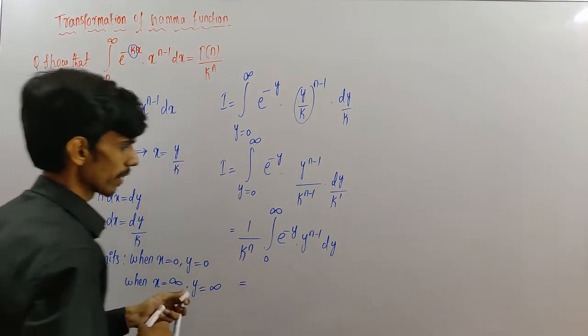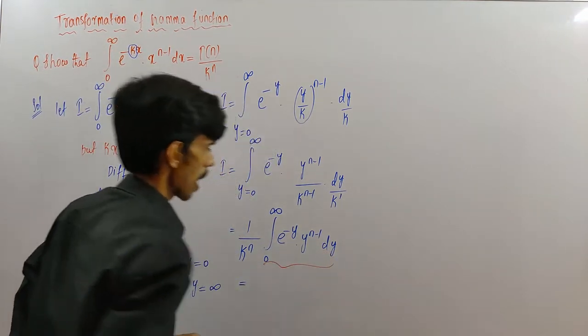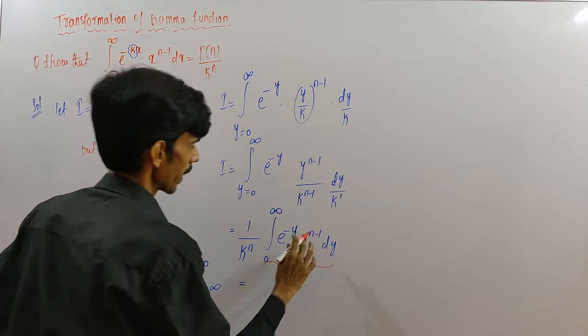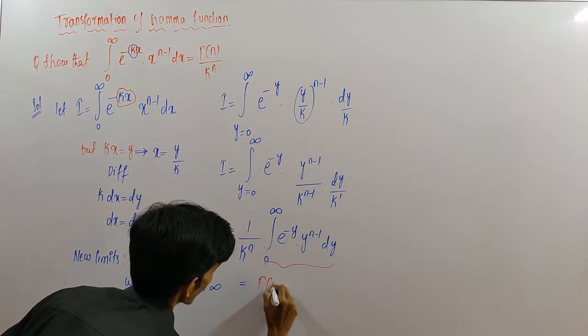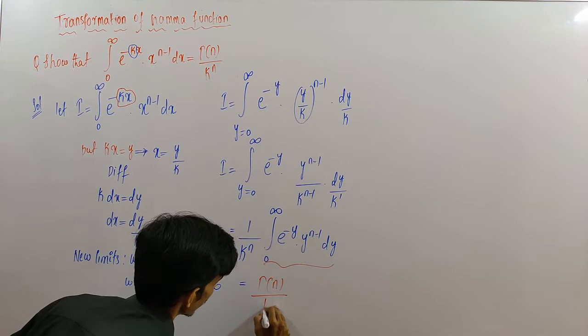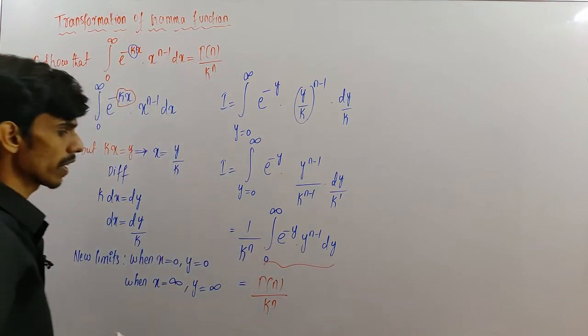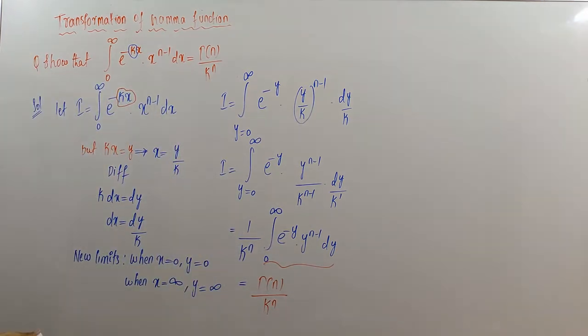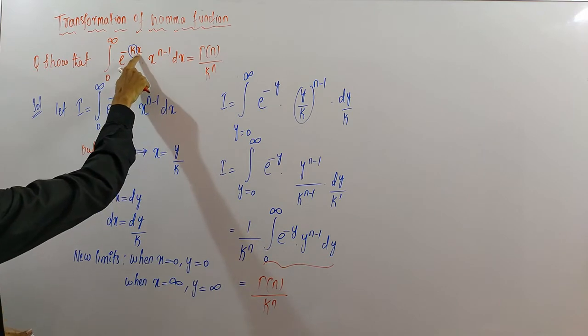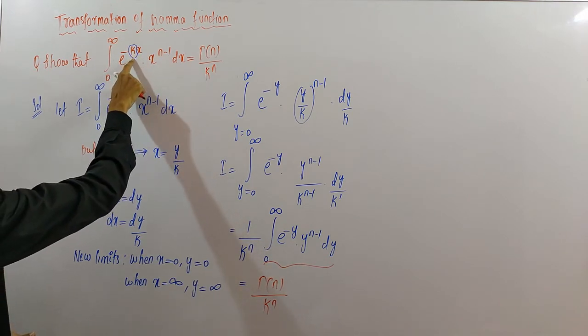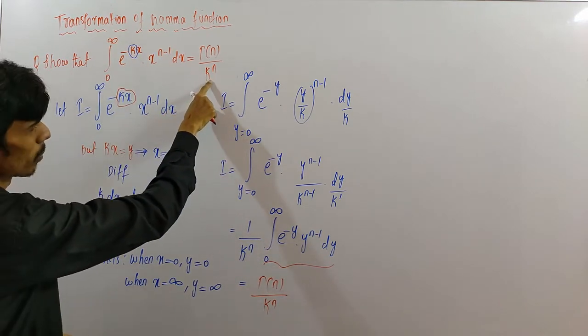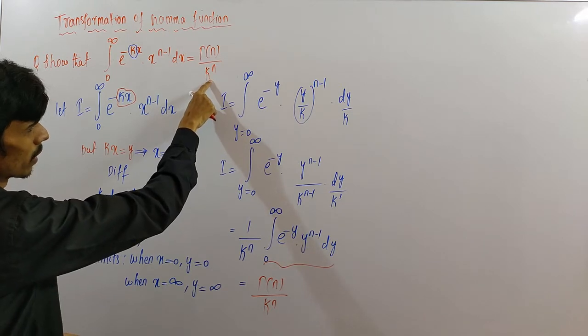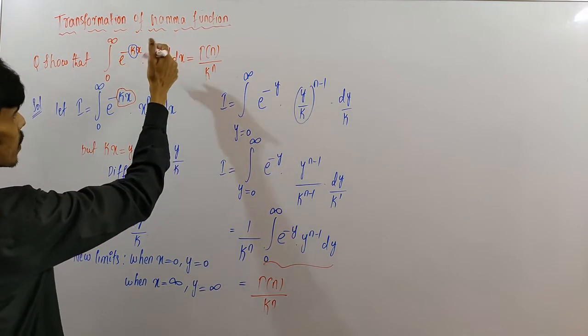This complete integral is the definition of gamma function for variable n. So this is gamma of n divided by k power of n. This is the transformation of gamma function. Whenever we have a coefficient given, then it should be divided by that coefficient power n.